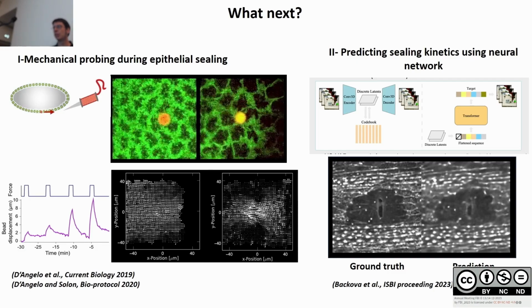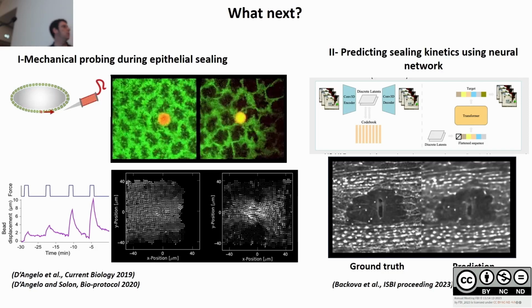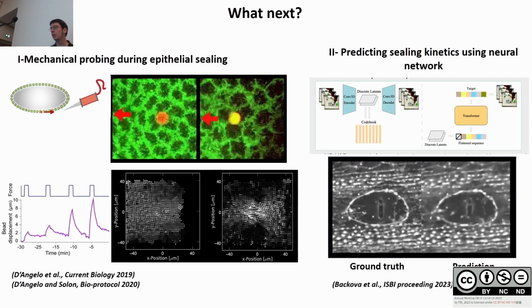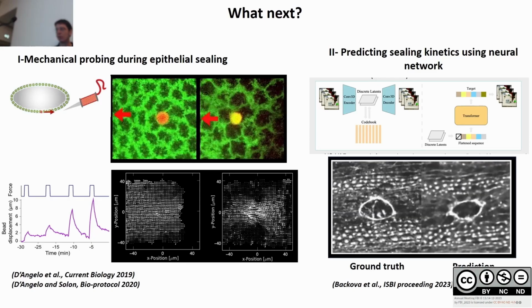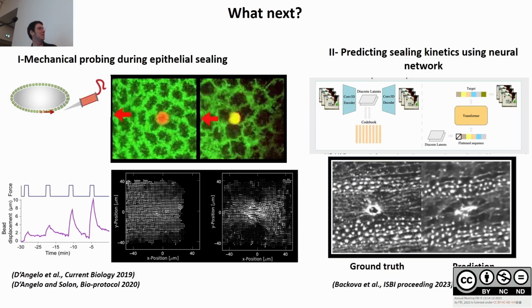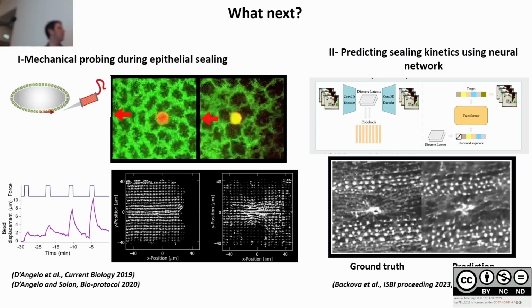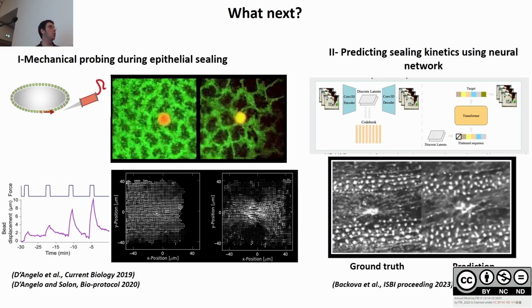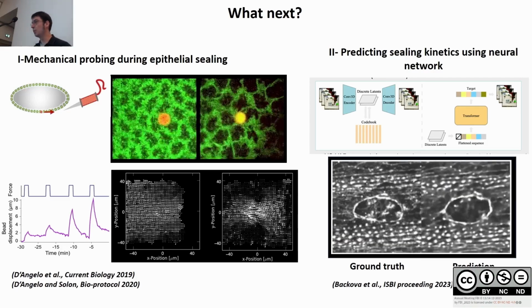So this is just the real data from the confocal, and this is all computed by the computer. And what we can do is generate quantitatively similar wounds. It's not exactly the same. I see the face of Jean-Yves, who is doing that. But we use this method, and now we combine that with physical modeling in order to get insight on how this is regulated. And I'm stopping here.